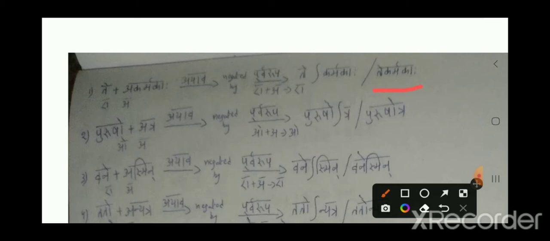The first way is te karmakaha, or else, just to mention that A is dropped off and it's a Purvarupa Sandhi, we can denote it with the help of avagraha. This is the symbol of avagraha. Te avagraha karmakaha, like this we can mention. This is one form and te karmakaha is another form. It's a very simple sandhi. We can see one more example.